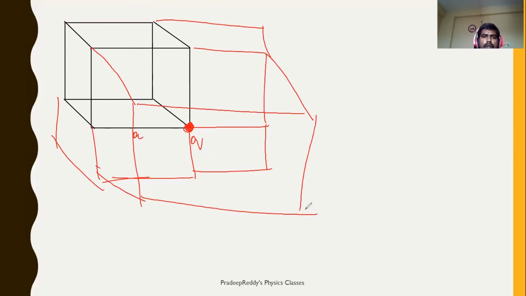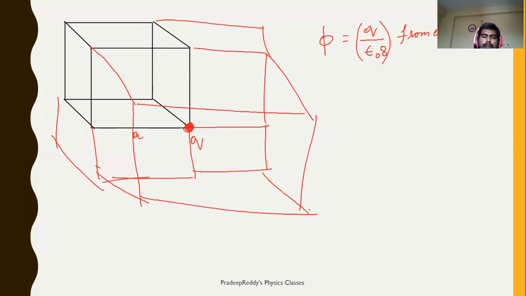Right? So this charge Q is sharing the total flux among these 8 cubes. Therefore, I can write from Gauss law, phi will be equal to Q divided by epsilon naught. But how many cubes are there here? 8 cubes. Therefore, it will be Q by 8 epsilon naught from each cube.